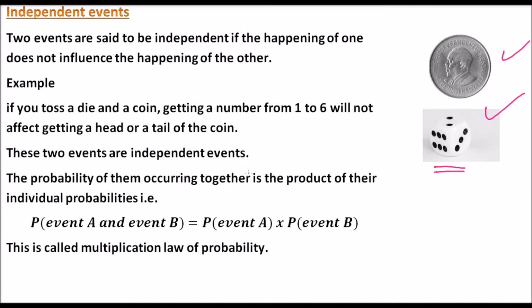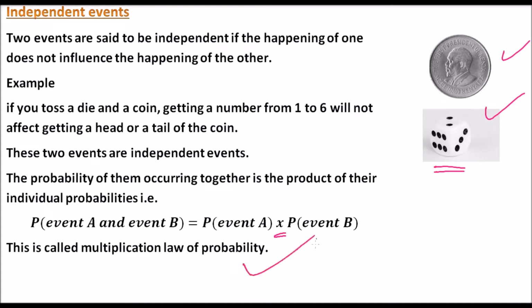And when we have independent events, we normally say that the probability of them occurring together is the product of their individual probabilities. That is to say, the probability of event A and event B happening is equal to the probability of event A happening multiplied by the probability of event B happening.